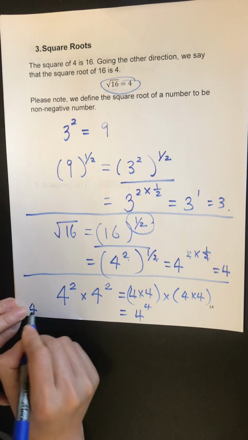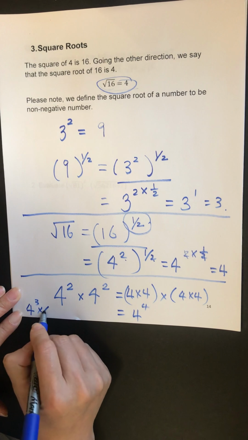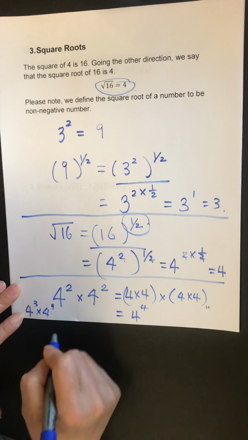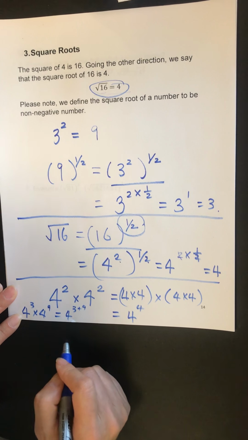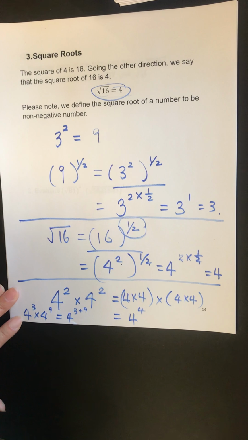If I do 4 to the power of 3 multiply 4 to the power of 9, we do 4 to the power of 3 plus 9, not 3 multiply 9, okay?